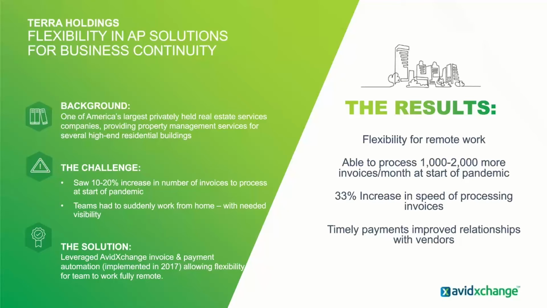Terra Holdings is one of America's largest privately held real estate services companies, providing property management services for several high-end residential buildings. I think they found that leveraging AvidXchange, both the invoice and the payment automation, really gave them the flexibility and visibility they needed, especially for their team to work from home.